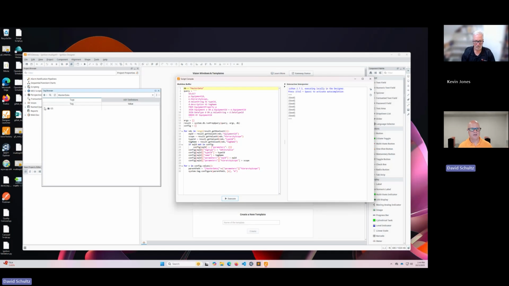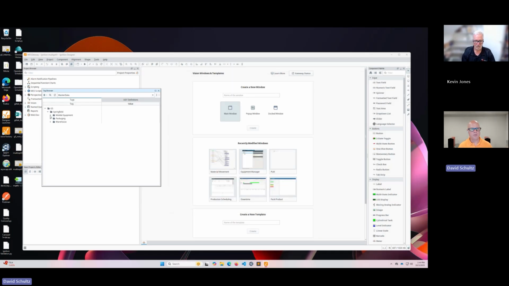Now you can see that I've built out my full equipment hierarchy that has all the mobile equipment in here, and I've instantiated everything that needs to be there. If you watched the material movement video, you'll notice there are some tags that are missing, and that's okay. That's something that would be modeled in the future as well.